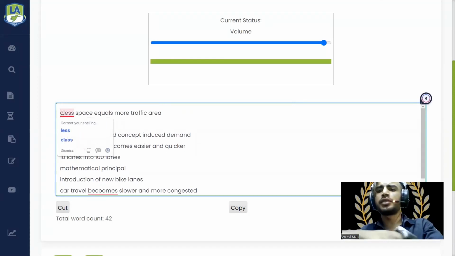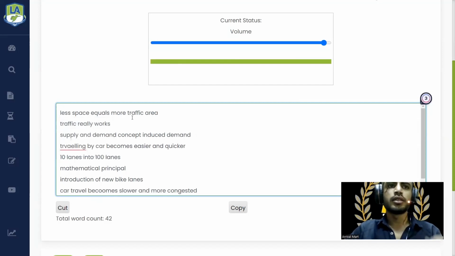Now, just arrange your notes first. Traffic really works. Supply and demand concepts known as induced demand. Traveling by car becomes quicker and easier.